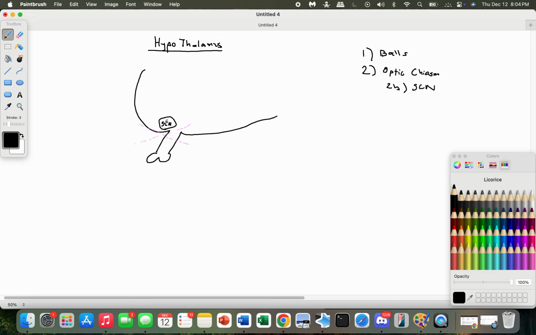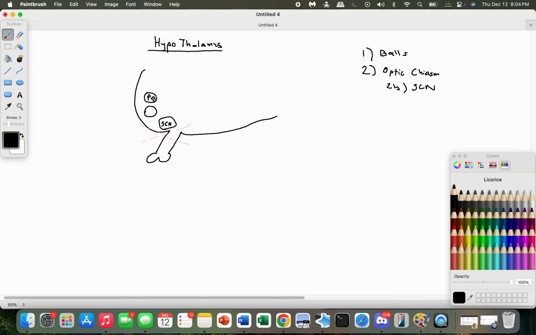Okay, and if we're talking about the nuclei in the area adjacent to the suprachiasmatic nucleus, rather than the whole optic region, you can actually consider all of this as optic nuclei. So I'm going to draw two of them right here. Okay, if this is the optic and this is on top, we're actually going to call this the pre-optic nuclei.